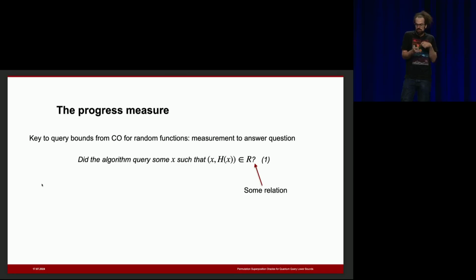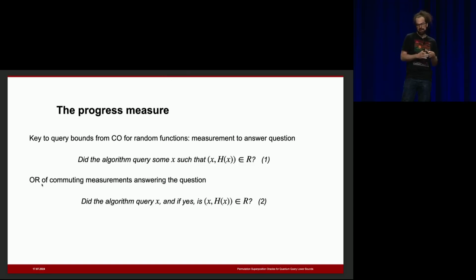And this measurement we can view as the logical OR of exponentially many commuting measurements where each of them, for a fixed x, answers the question, did the algorithm query x? And if so, are x and h of x in the relation R?